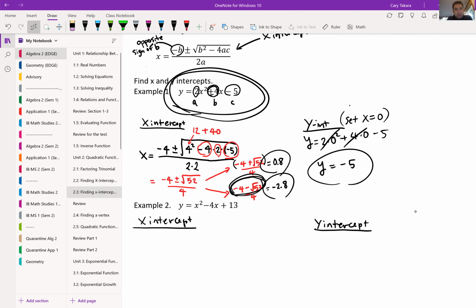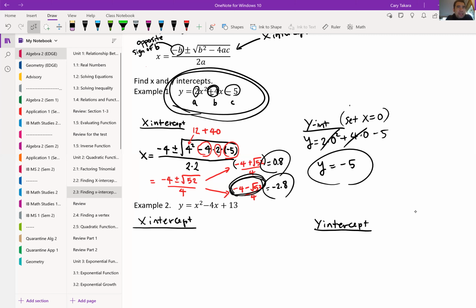Now for example number 2, let's actually identify what A, B, and C is, just to make sure that you are on the same page. What is A for example 2? Oftentimes I get an answer like x or 1x.